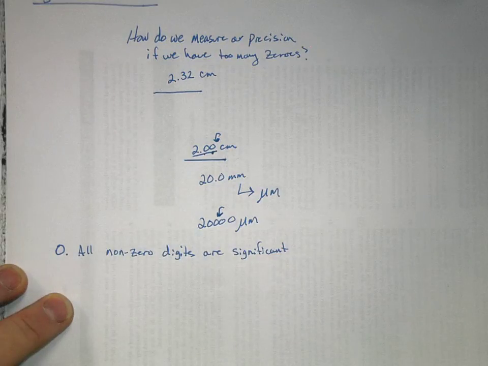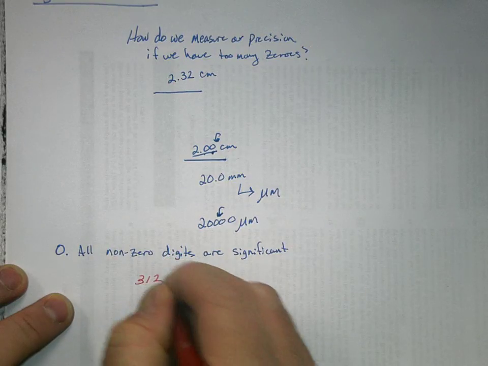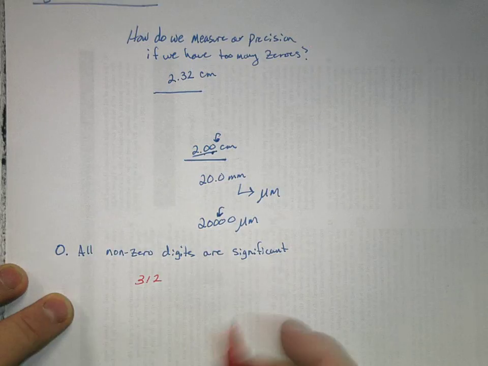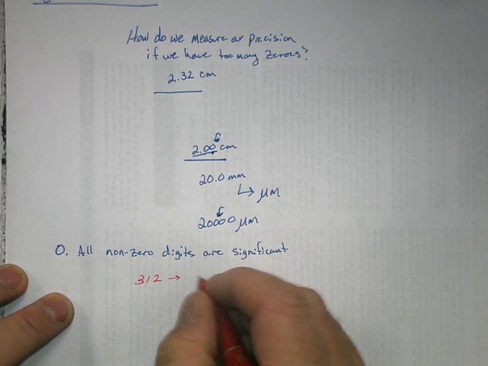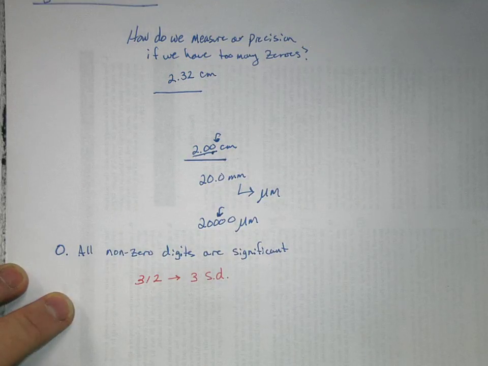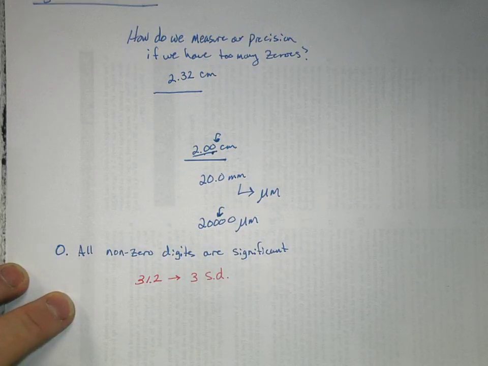That is our first rule. So if we have a number, let's say 312, it has 3 significant digits. Pretty straightforward, right? 312 or 3.12 or 31.2, for example, would have 3 significant digits. That's a pretty obvious one.